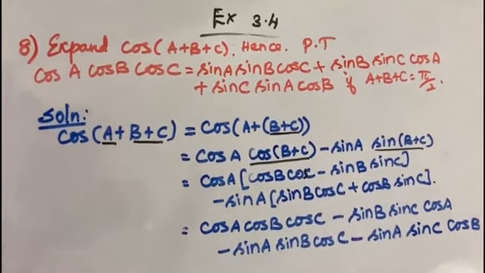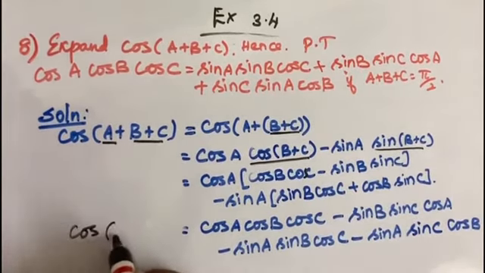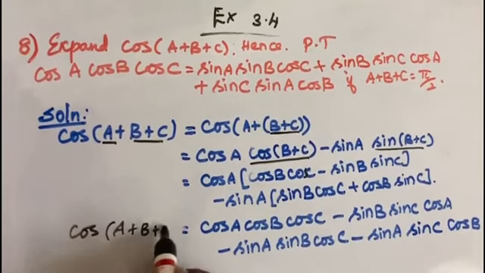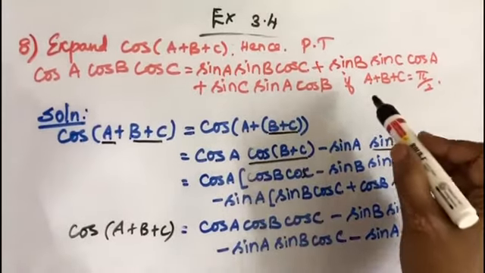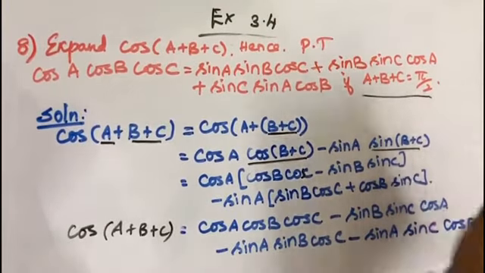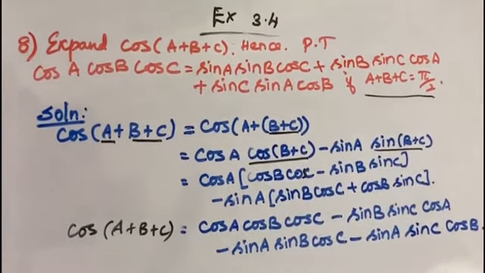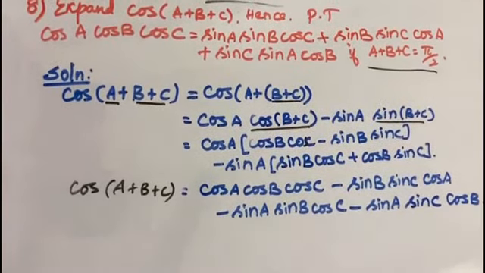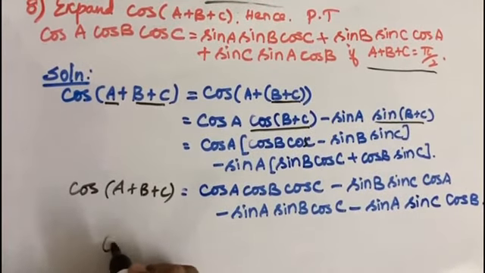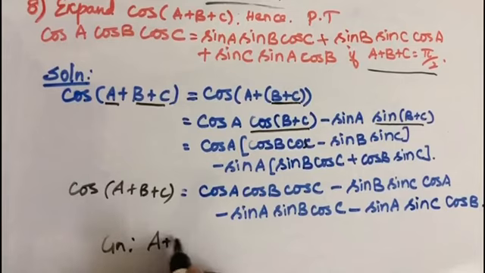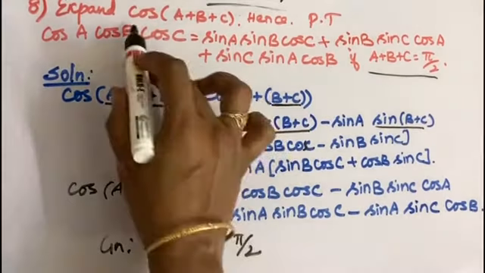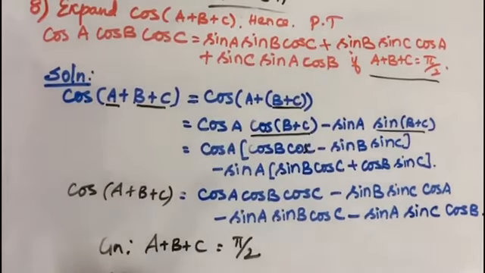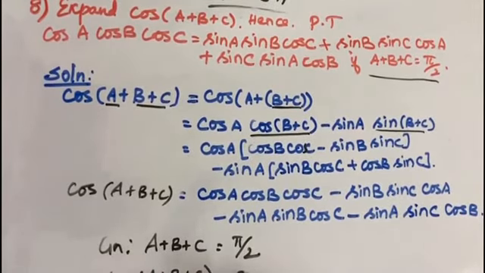Now, this is cos(A plus B plus C). We have expanded it. Now, a condition is given there: A plus B plus C is equal to pi by 2. So cos(A plus B plus C) is equal to cos pi by 2.